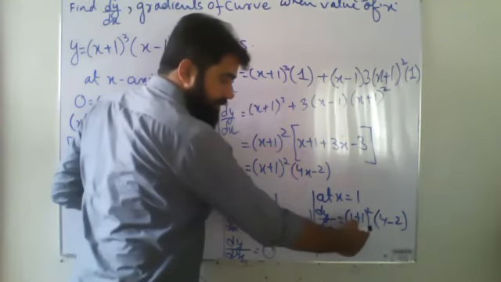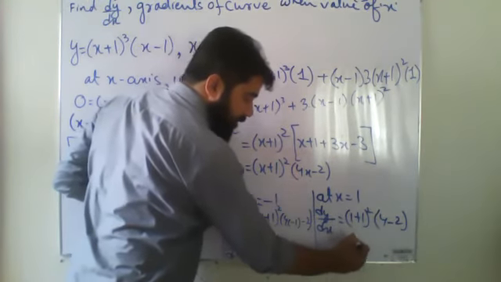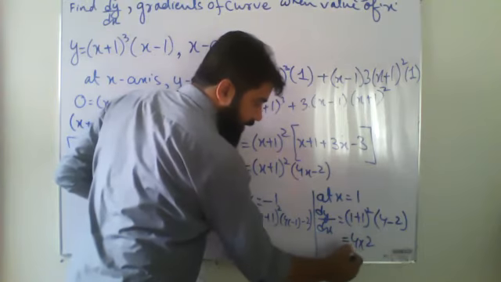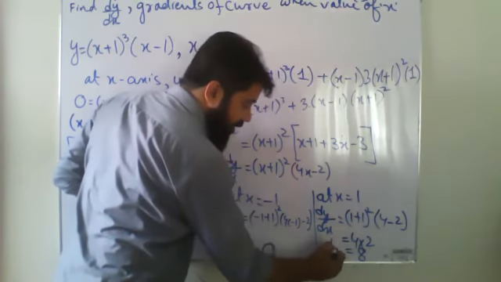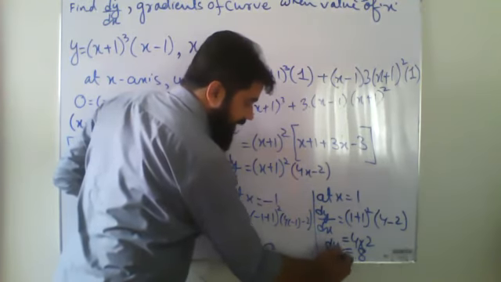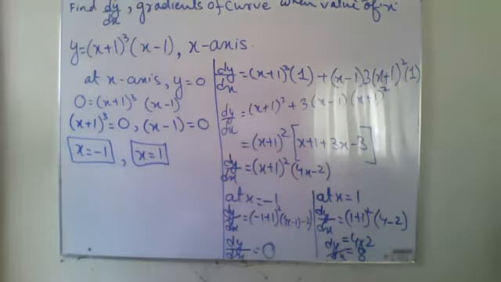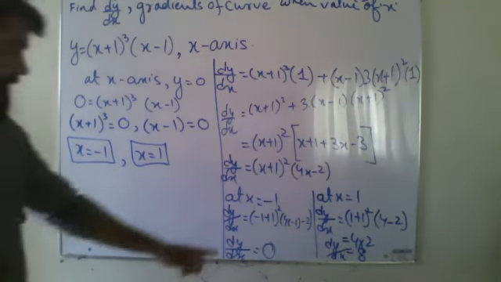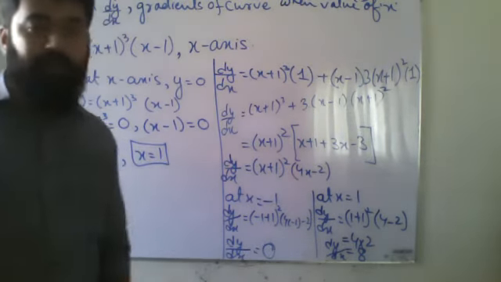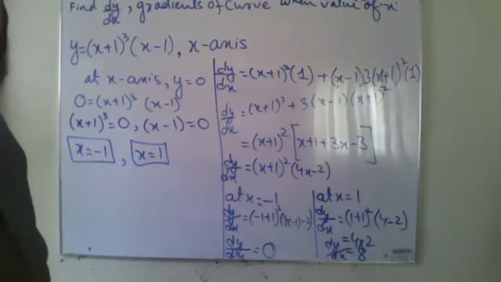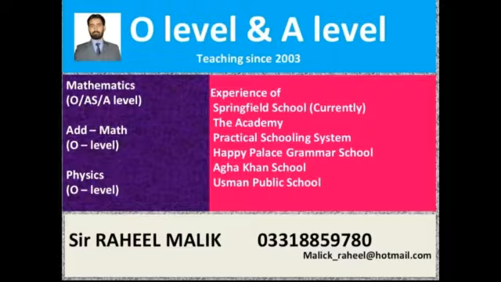So 1 plus 1 will be 2, 2 square will be 4, multiply by 2, and my final answer of this one will be dy over dx equals to 8. So two answers are coming. dy over dx is coming 0 and dy over dx is coming 8. These are your final answers.